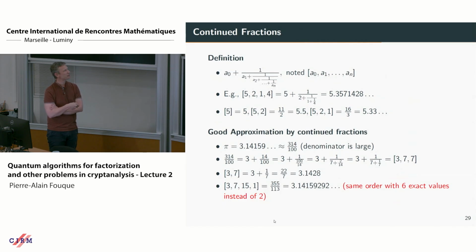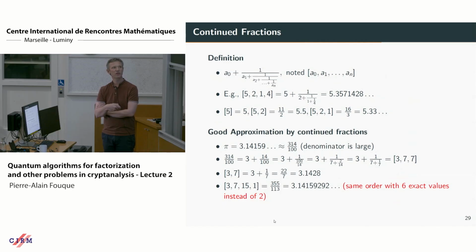But you see that with this fraction, I only have 2 correct digits after the comma, while here, with a denominator of about the same size, I now have 6 correct digits after the comma. So you see that continued fractions allow you to have a better approximation of a fraction or any other real value.